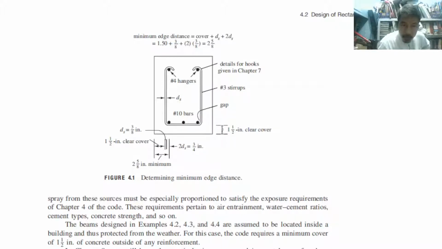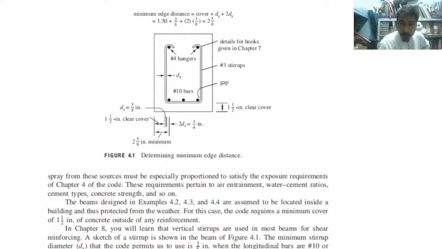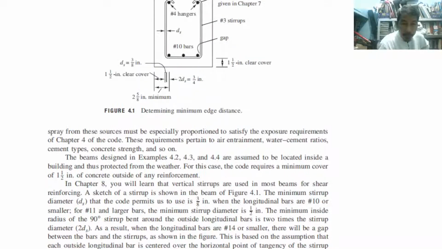If 1.5, you have to add the diameter of the stirrup plus the radius of the tension reinforcement. So you can always compute that arithmetically.